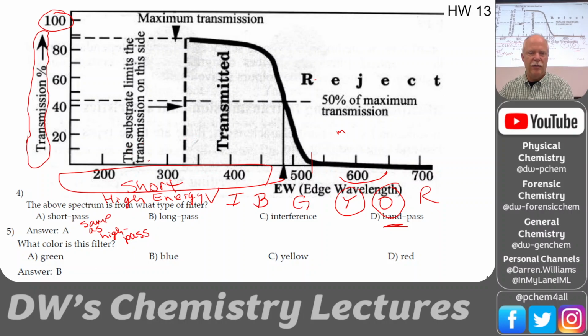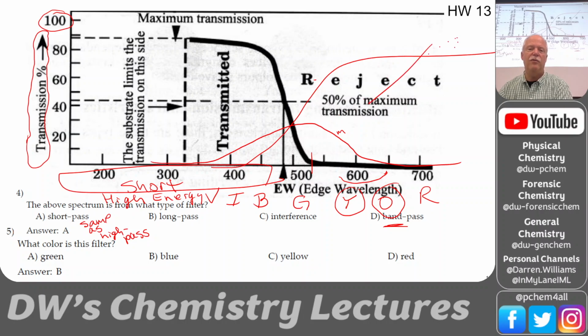This would be something that absorbed the blue, gave you a little bit of green, and absorbed out that red. So this is the only thing that you would ever see for green. You would have to have green and no red and no blue. So you're not going to see green if it looks like this, right? We're getting a little bit of green, but we're getting that yellow and that orange and that red, and so we're going to see that as yellow. It has to get rid of the red so that you can see green.